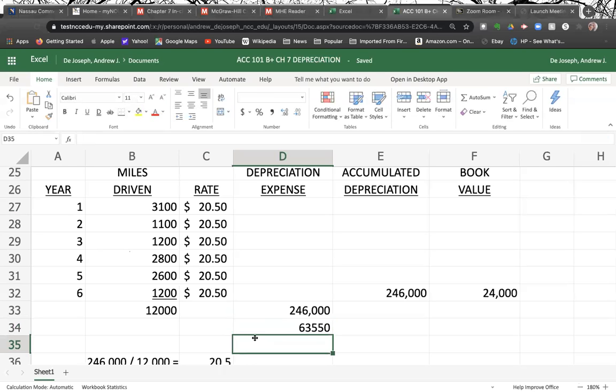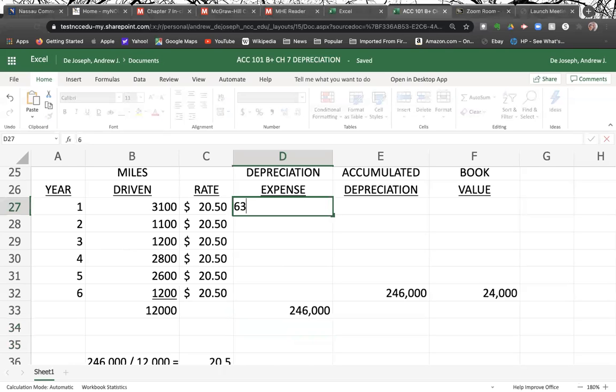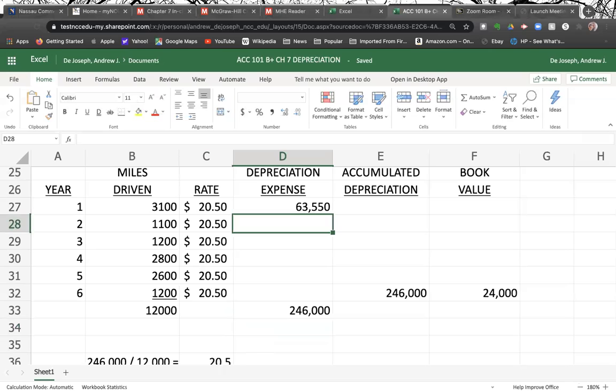Oh, wrong place. 63,550. What about the second year? 1,100 times 20.5, 22,550. Look at that difference, right? It's almost 3 times as much the first year.